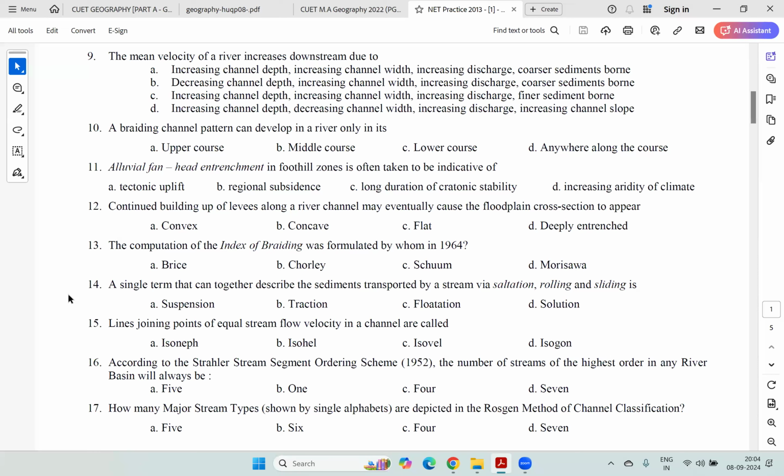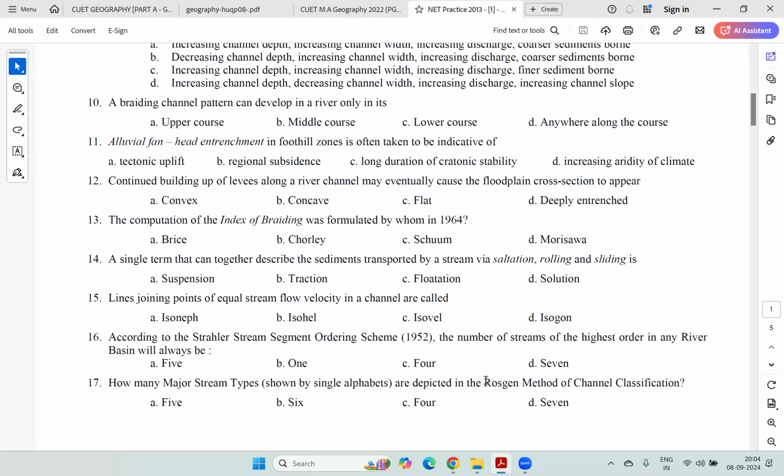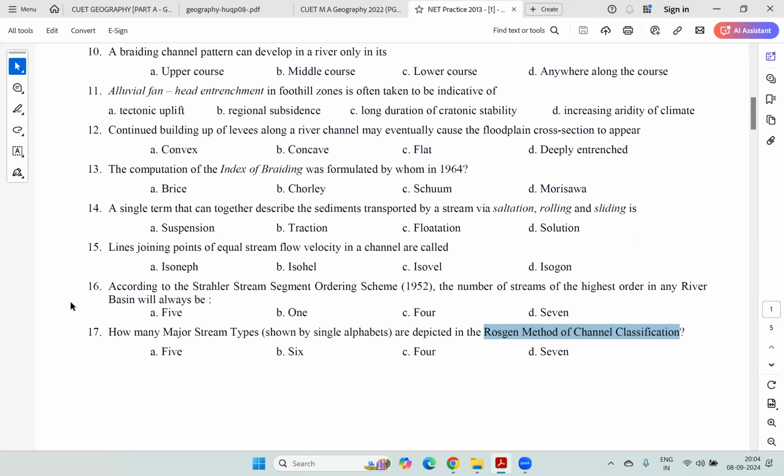A, B, C, D, E and DA, or A, B, C, E, F and DA. A, B, C, D, E and DA, six types. Okay, so please check the Rosgen method of channel classification. It's a very good way of classifying river channels.